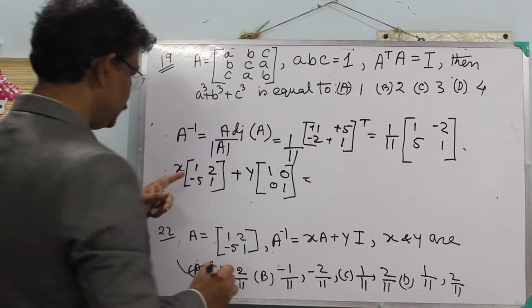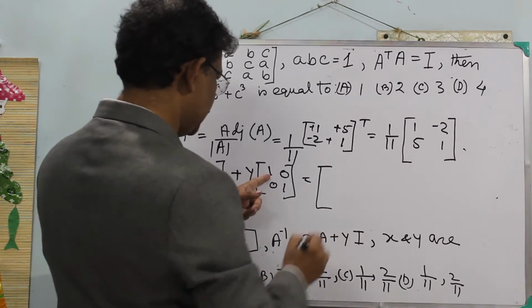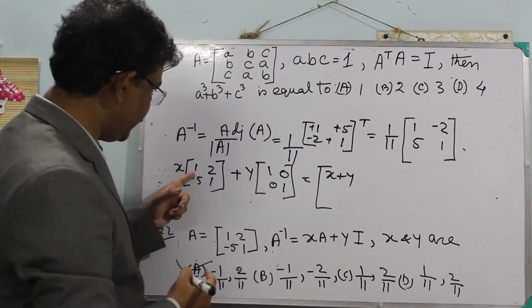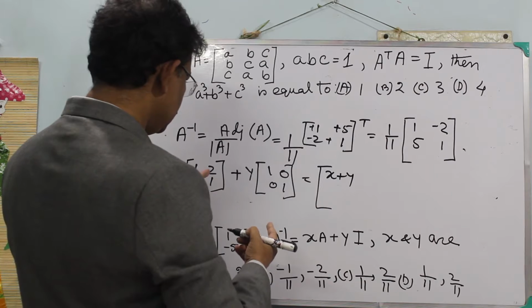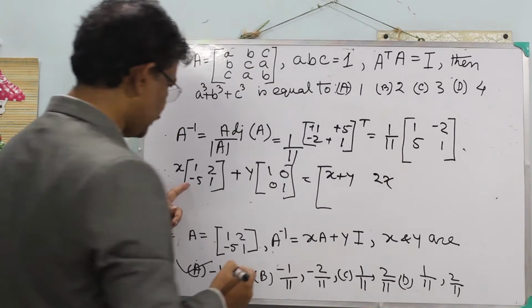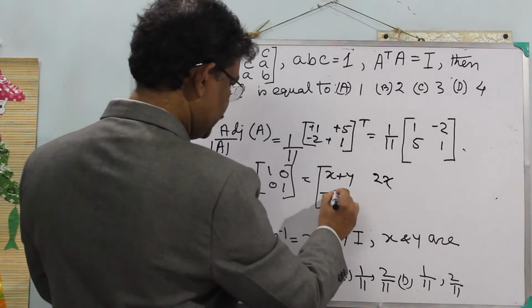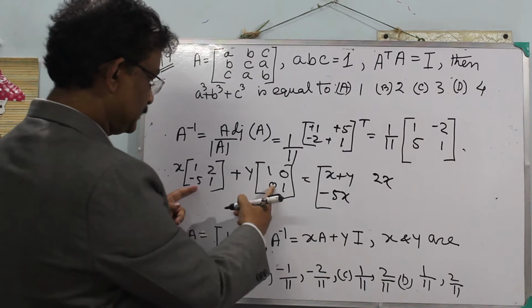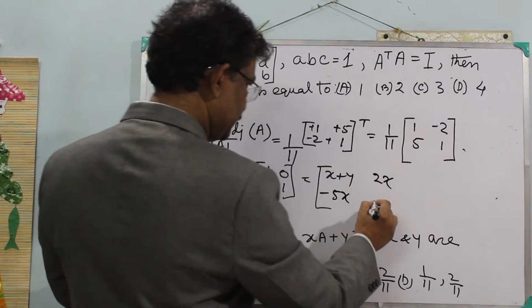This is equal to X plus Y, I multiply X and then add Y, X plus Y. Then 2X plus 0, 2X. Here minus 5X plus 0, minus 5X, and X plus Y.